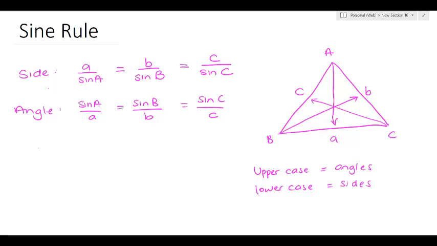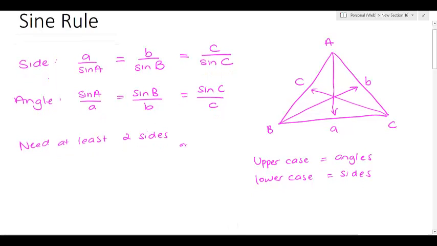That tells us we need at least two sides and two angles to use this rule. That's the condition for using this rule. If we're not given two sides and two angles, we'd use a different rule to solve for our unknown sides and angles.